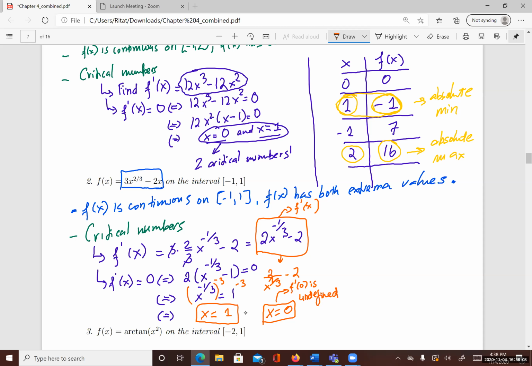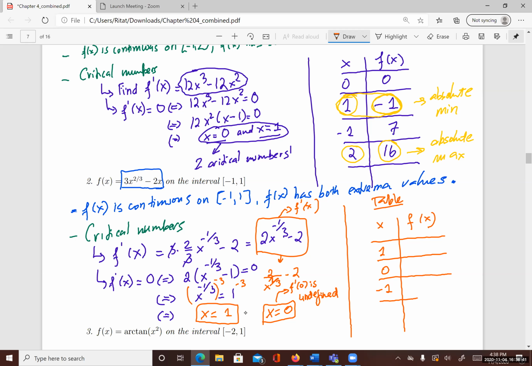Once you locate all the critical numbers, your next step is very simple. You just need to create a table. So you have x and f of x. For x, you put 1 and 0 as critical numbers, and then you put -1 and 1, the two endpoints of the interval. And then you just evaluate these values.